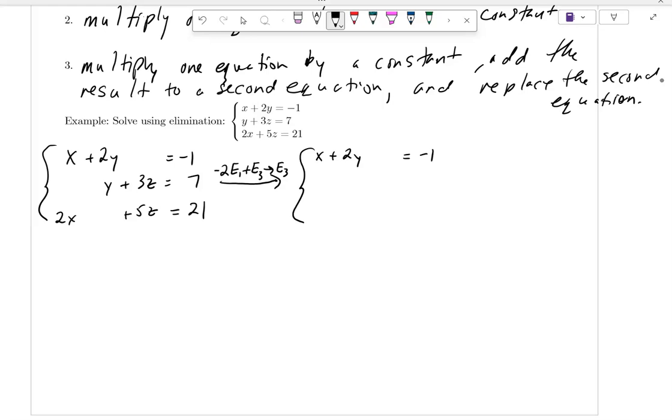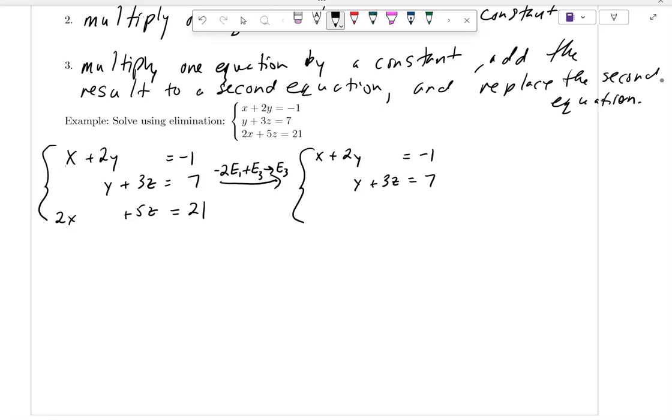Is the second equation changing here? No. So I'm just going to rewrite the second equation. Now let's figure out what the new third equation is. We're going to work down. Negative 2 times x gives me negative 2x, plus 2x gives me 0, right? That went away. I have to do it to everything, right?